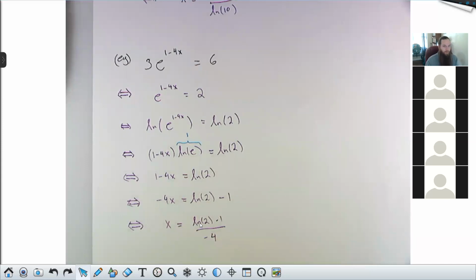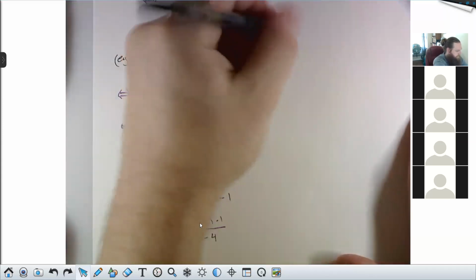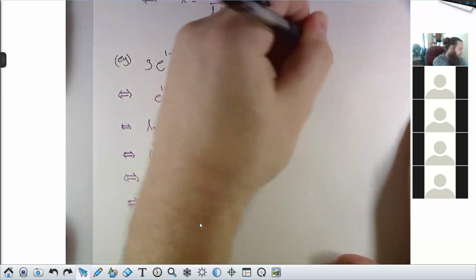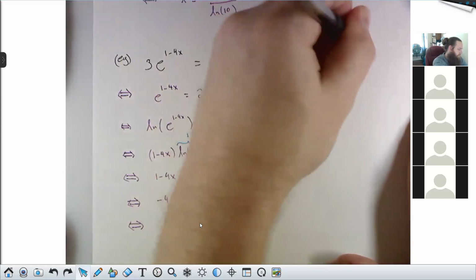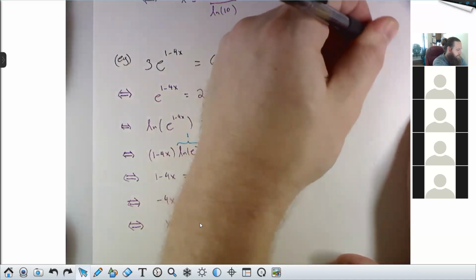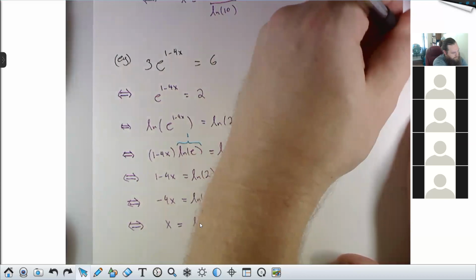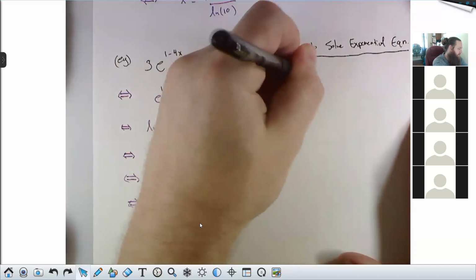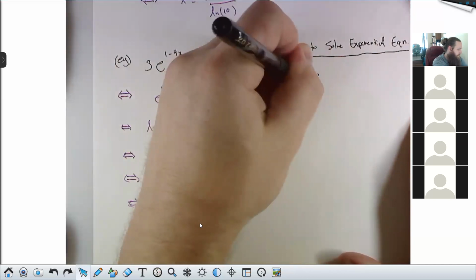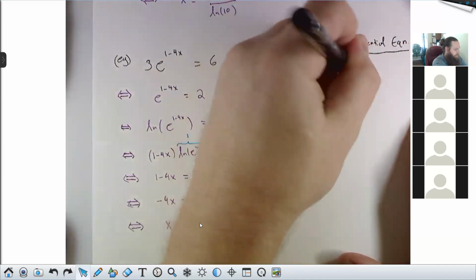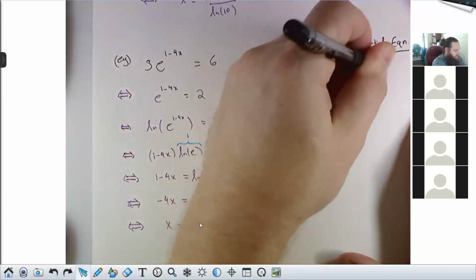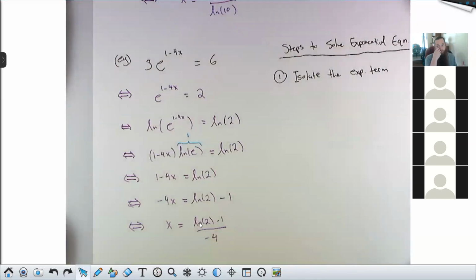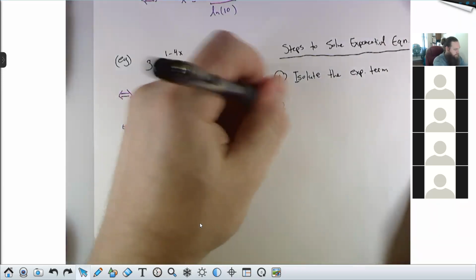Okay. These can get more complicated, but the steps are always the same. The steps to solve an exponential equation. First, isolate the exponential. This is the term that has variables in the exponent. 2, take logarithms.